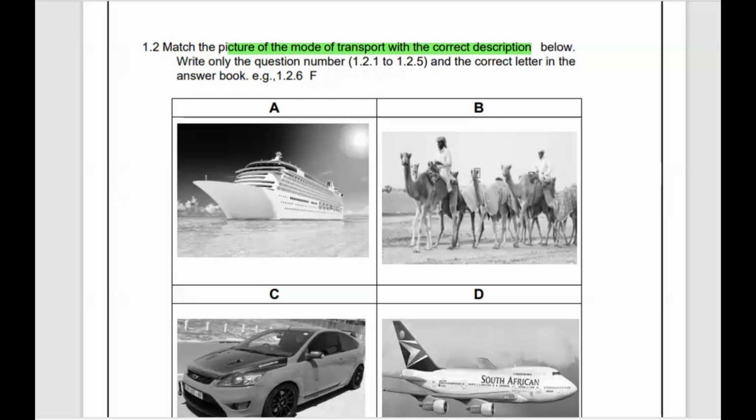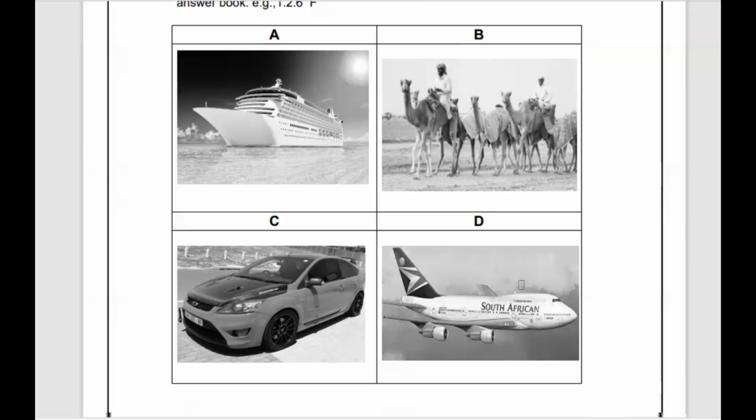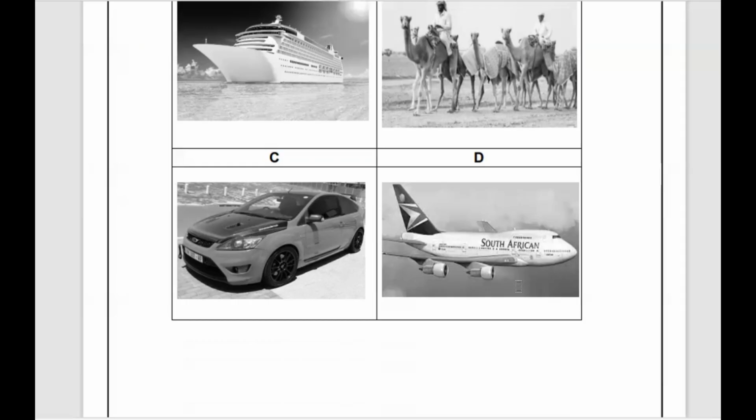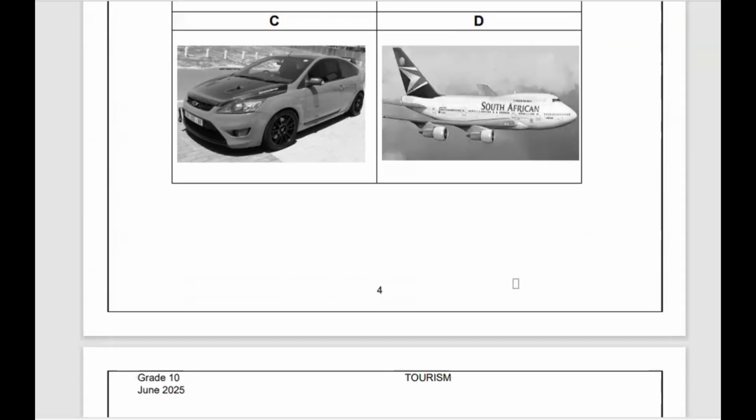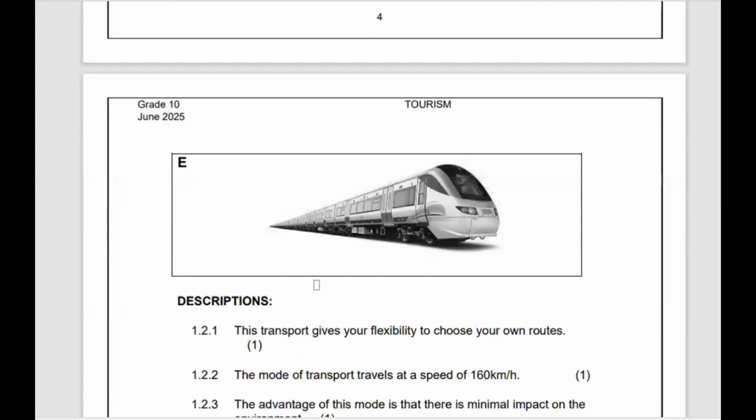Then we have camels, which appear in image B. Then we have a vehicle, perhaps a rented vehicle, which appears in image C. Then we have a plane, which appears in image D. Moving on to the last image, we have a train service, which is probably the Gautrain train service.